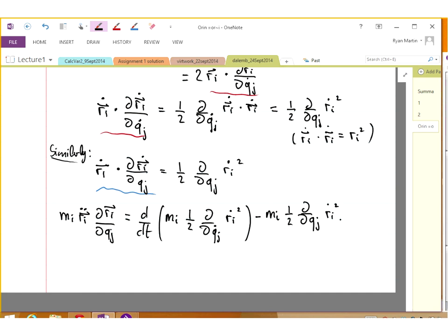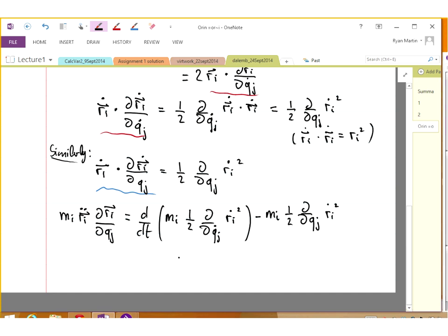So it's nice because we've eliminated the vectors. That was the point of this last little manipulation. Now the m_i does not depend on the q_j dot. The m_i is a constant. So let's write this a little bit differently.